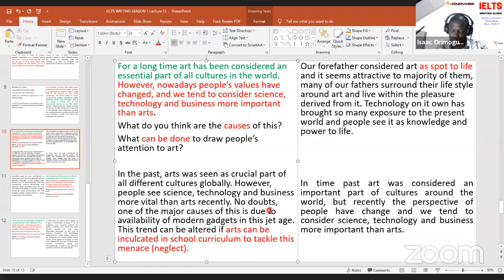If you were talking something about very harsh and negative, then that's why I would love you to use the word menace. But to be very candid, I love the fact that you said inculcated. Okay, vital, crucial. You are using alternate words there.